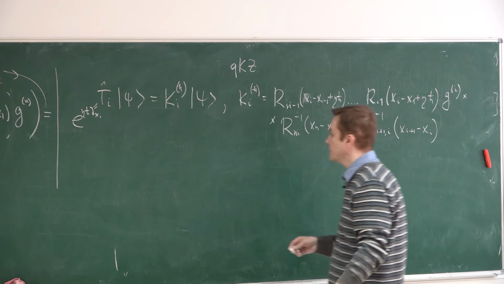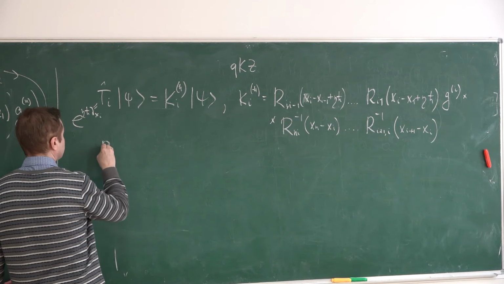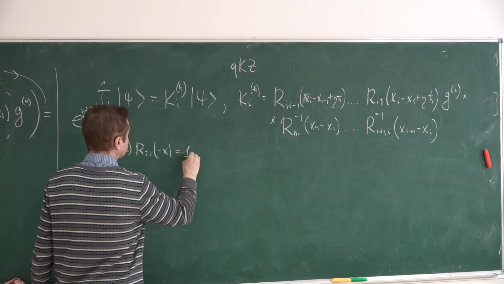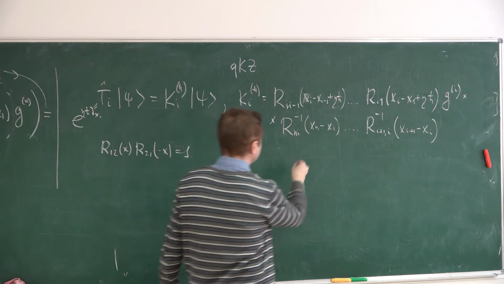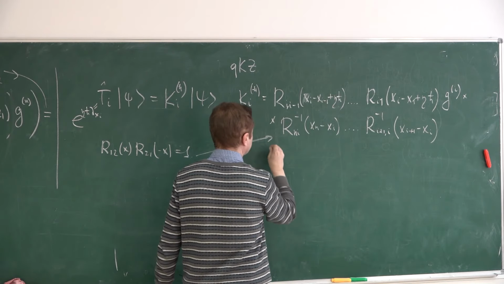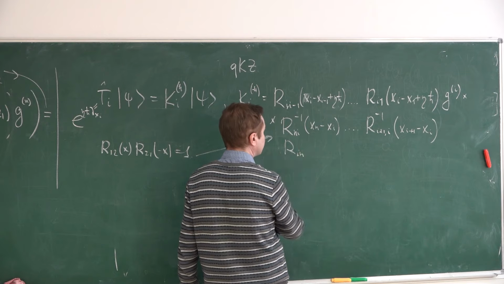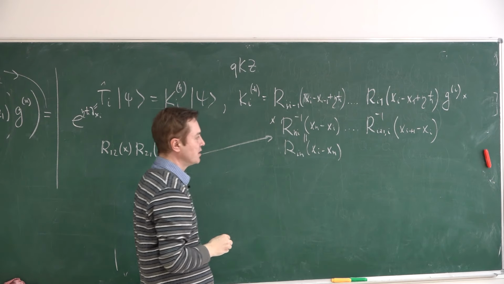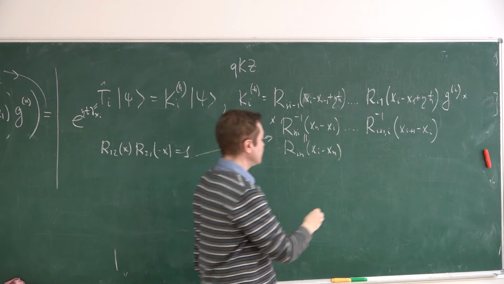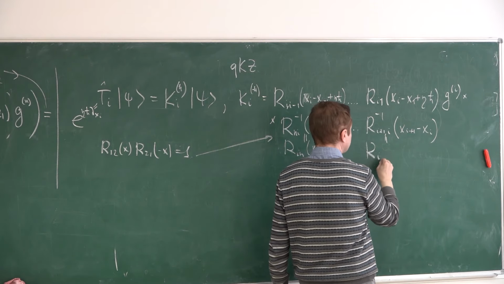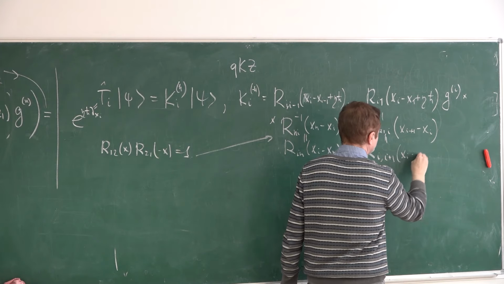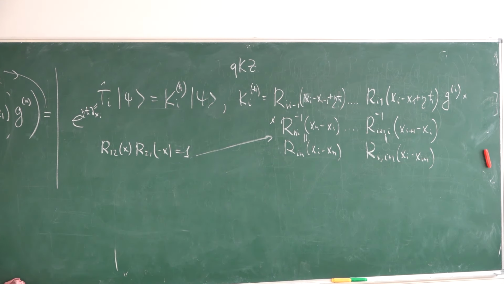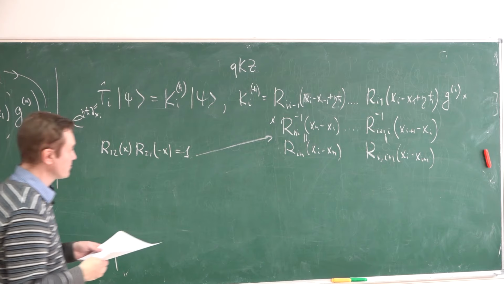In fact, if we have a unitarity condition, when R12 of x, R21 of minus x is equal to 1, if it is so, then we could change this R matrix by using this unitarity condition, and rewrite the last product in exactly the same way as we have it in this expression for Hamiltonians of spin chains.